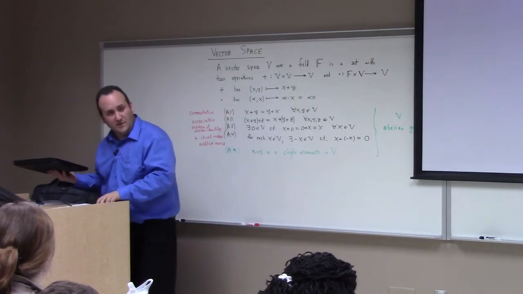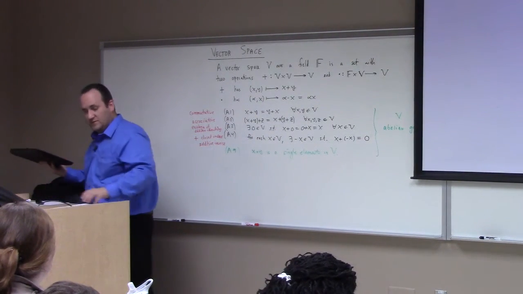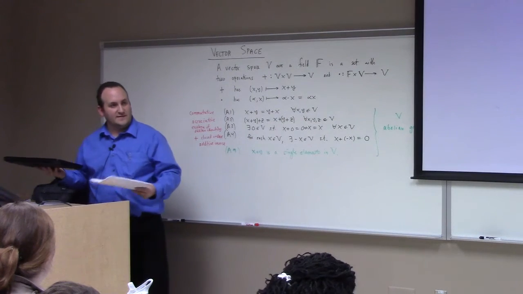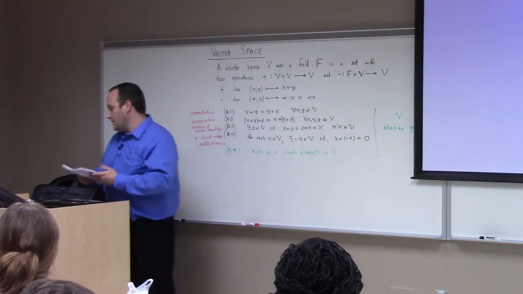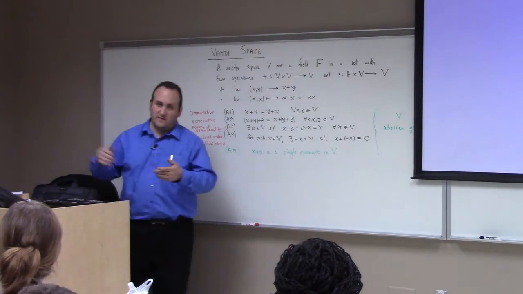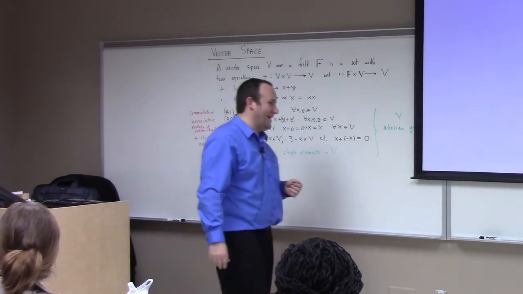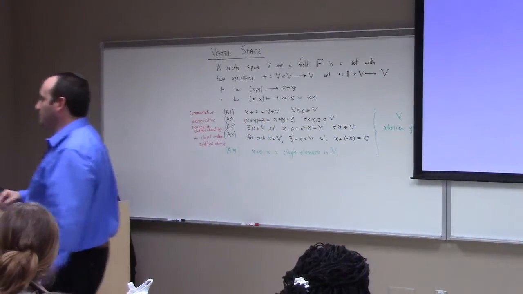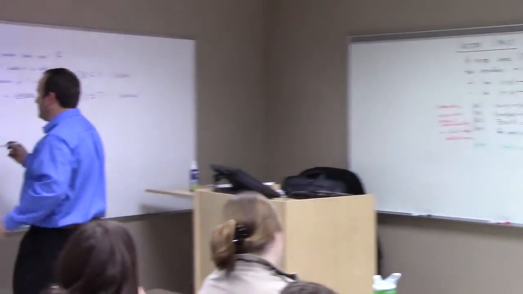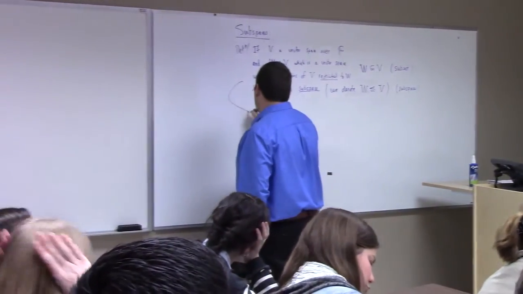Because most of your homework is of the form, here's a set which is inside some other vector space. Prove or disprove that this is a subspace, right? And if the definition were all that there was, that would be a bad place to be. But thankfully, there's two major theorems about subspaces which are useful to us. All right, so here's the two big ideas.